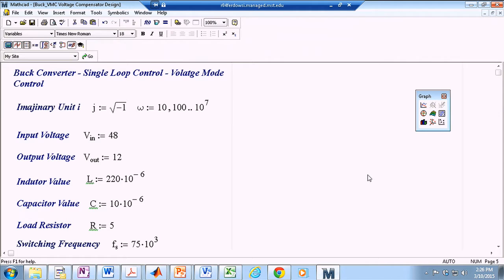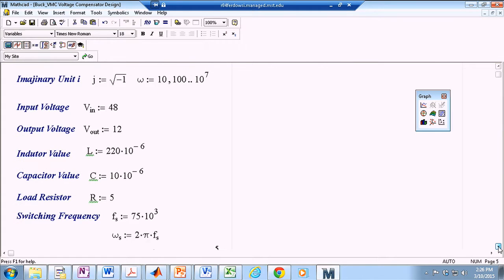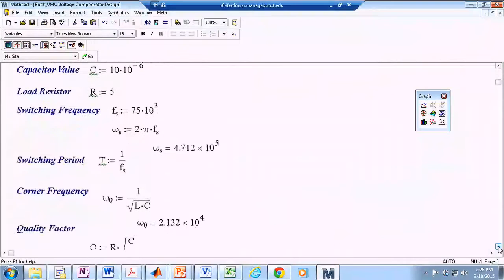Your input voltage is 48, your output voltage is 12, inductor has been designed to be 220 micro, the cap is 10 micro, and your load is 5 ohms, constant. The switching frequency is 75,000, and omega s, which is 2 pi f, is about 500,000 basically.